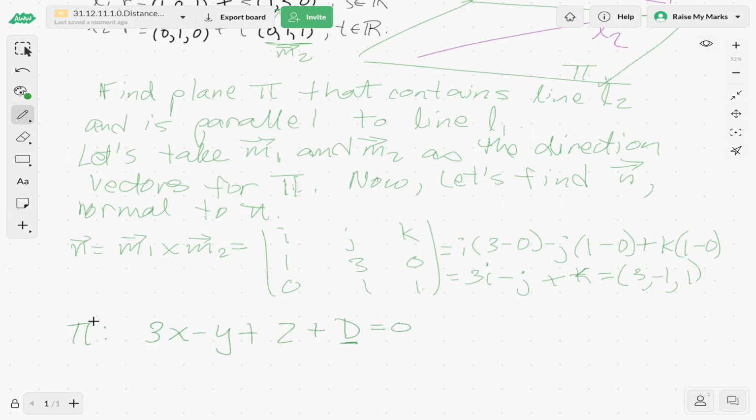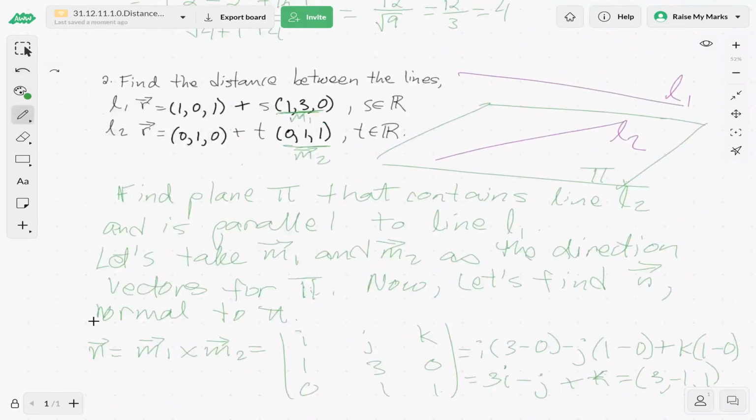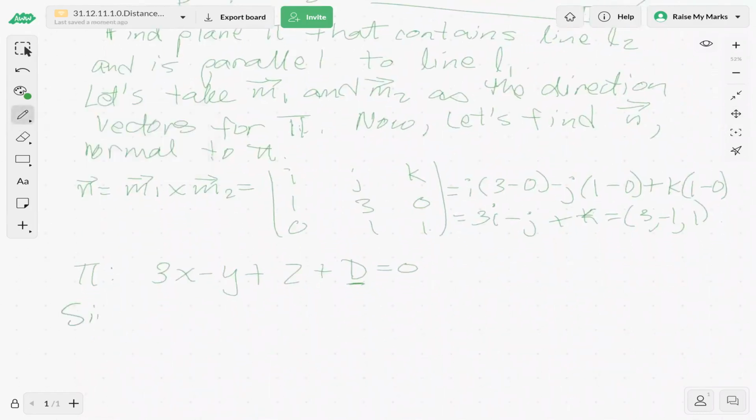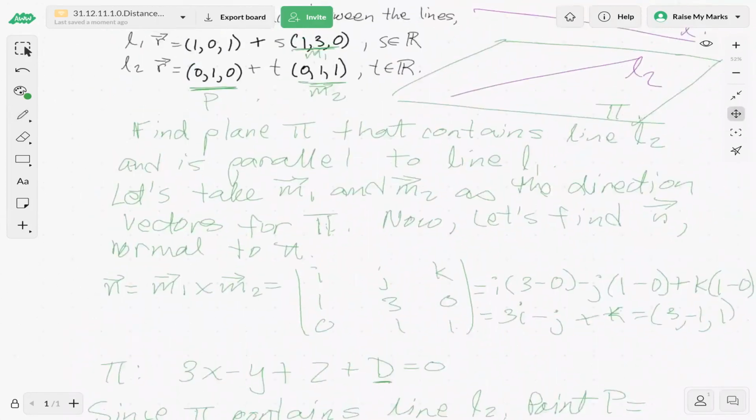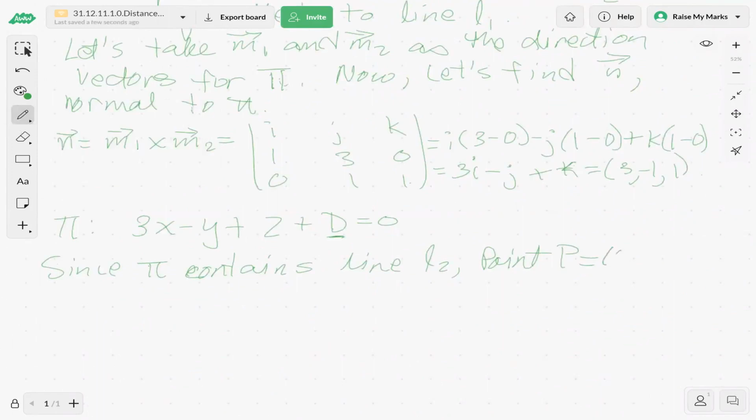We know that plane pi contains line 2, so we know at least one point, let's call it P, lies on plane pi. Since plane pi contains line L2, point P equals (0, 1, 0), a point on line 2, lies on plane pi. So we can use this point to find d.